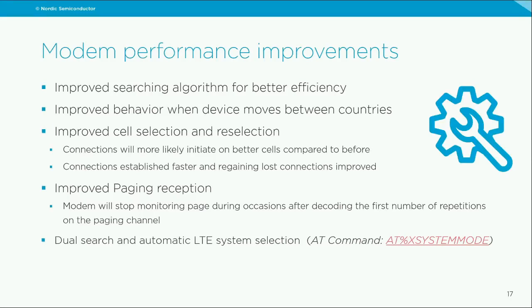So before, you could actually do similar behavior, but you needed to search, for example, LTE-M first, and then if you did not find anything, you get a message to the application, and the application needed to turn off the modem, switch the mode, and turn on again. Now you save a lot of current by just doing everything on the modem side.